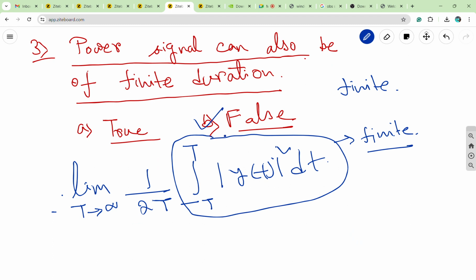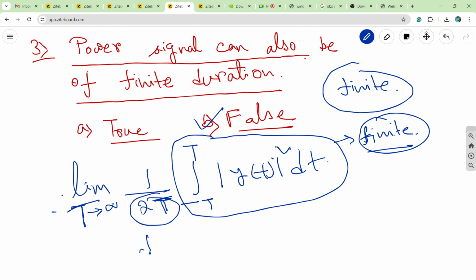So we are here, right? So this particular term becomes finite. My voice is audible, right? Yes. So this becomes finite. But see, there is a limit term, t tends to infinite. For that, this particular t becomes infinite.